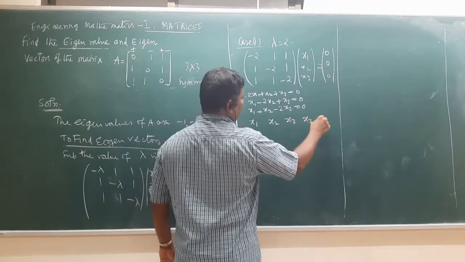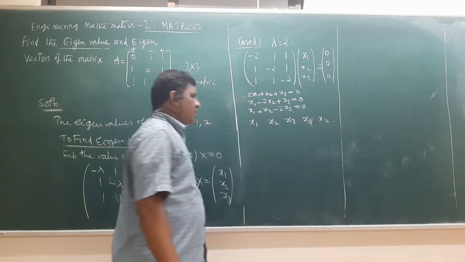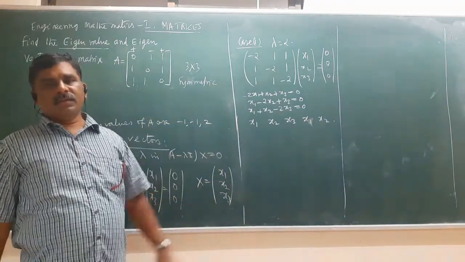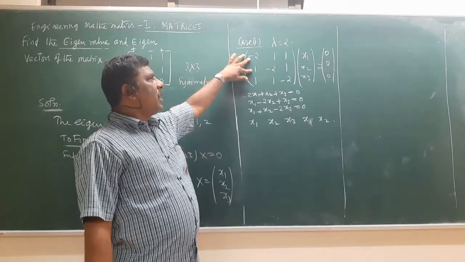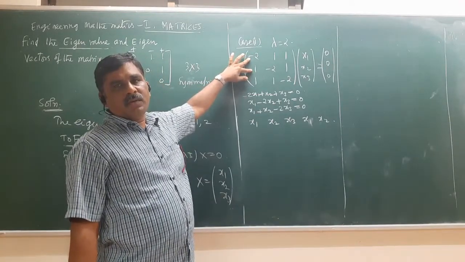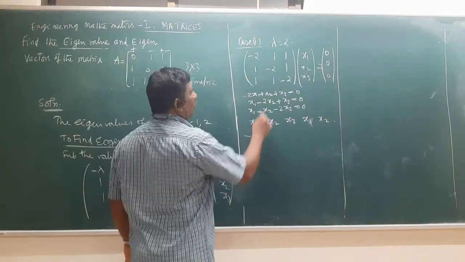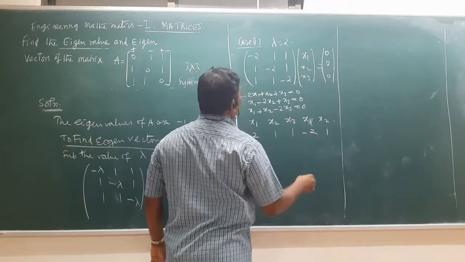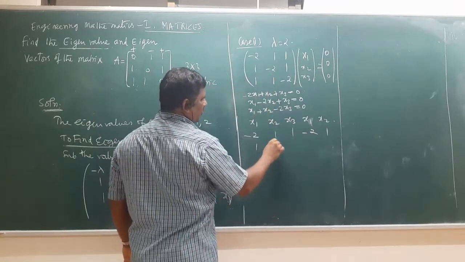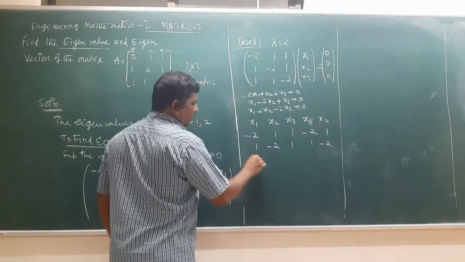Continuously write 5 columns: x1, x2, x3, x1, x2. Write any two rows, non-identical rows. Take any two non-identical rows, then minus 2, 1, 1, minus 2, 1, 1, minus 2, 1, 1, minus 2.